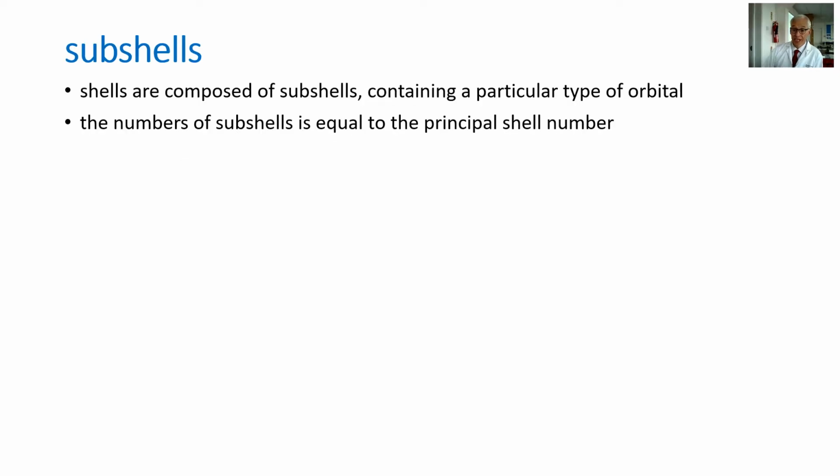In pre-A-level chemistry, you thought of electrons being only in shells. But at A-level, we have to think of the shells themselves being composed of subshells. And those subshells contain a particular type of orbital. The number of subshells is equal to the principal shell number.